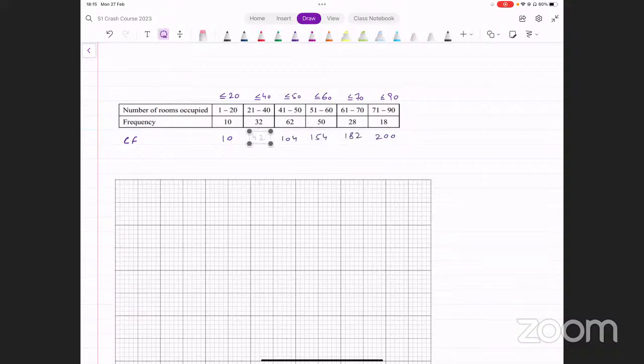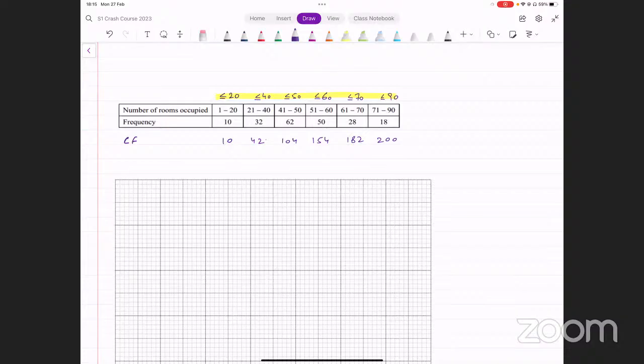So this is the first thing that you do for drawing a cumulative frequency curve. You add a row to the table that represents cumulative frequency. All right. And you have intervals like this. And now on the diagram, you're going to plot these values.